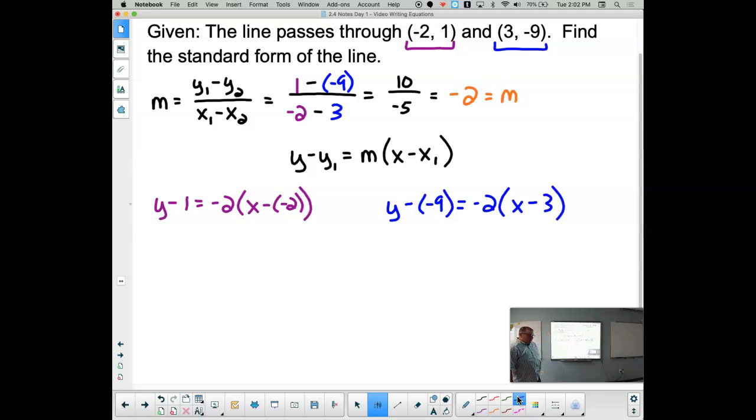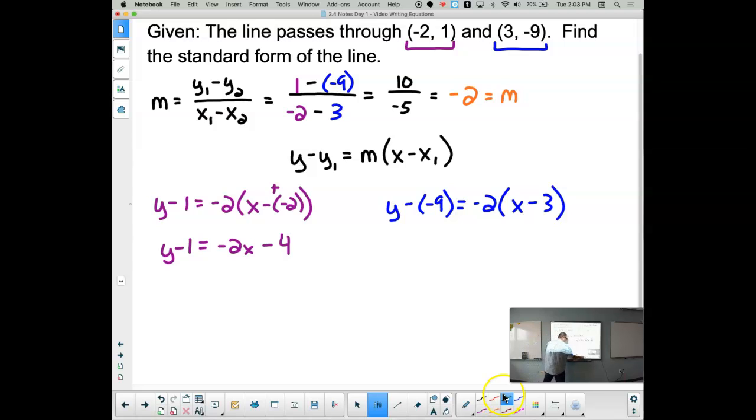We need to get this into standard form, so let's make it look a little prettier. Okay? Y minus 1 equals -2x. Minus a negative is like plus, so that's like plus there. So then we're going to have +2 times -2 is -4.